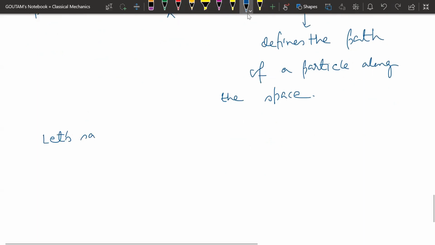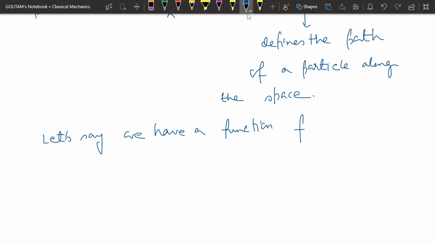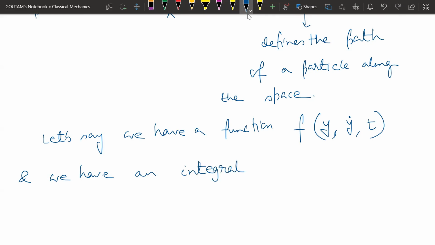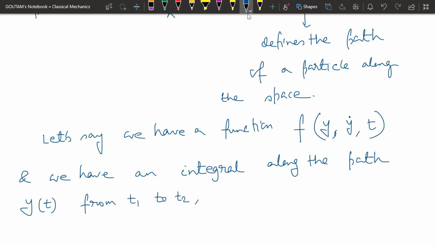Now let's say we have a function f, which is a function of y comma y dot, meaning dy/dt, and t, and we have an integral along the path y(t) from t1 to t2.